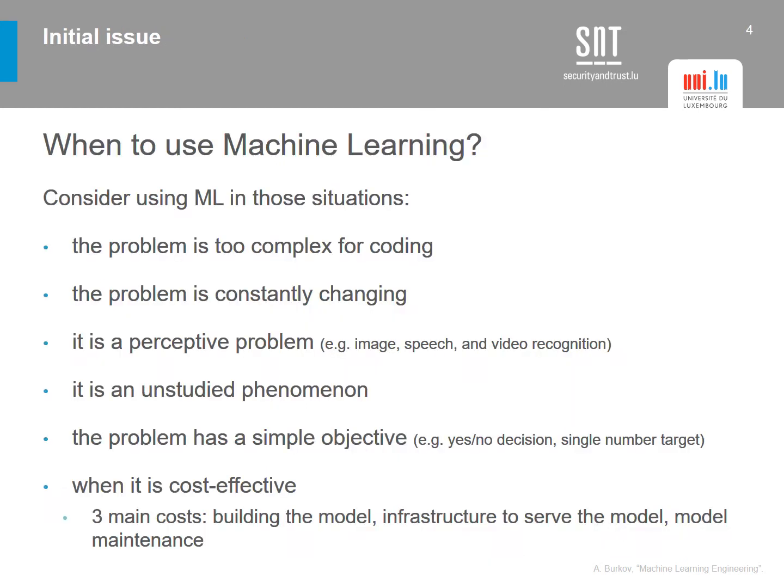We can consider using machine learning in the following situations. First, if our problem is too complex for coding, meaning that we cannot really use traditional software development to solve it. If we recall what we saw in the first lecture, for problems like image classification, where we have to classify which images are of cats and which are of dogs, it can be really hard to come up with rules that we can apply in traditional software development.